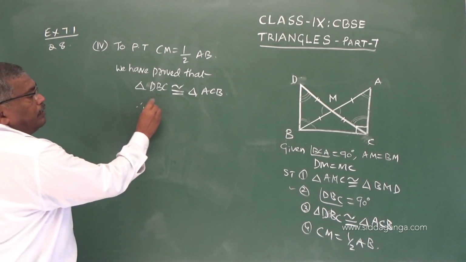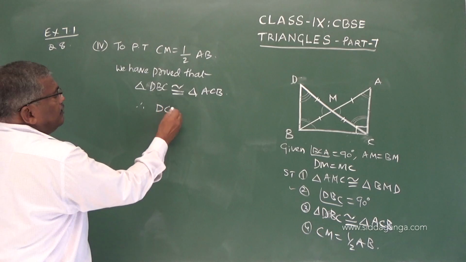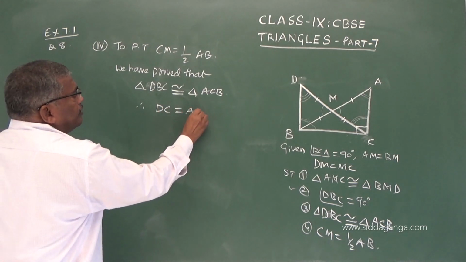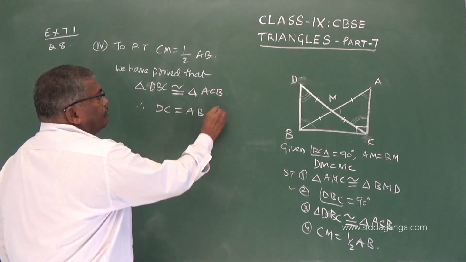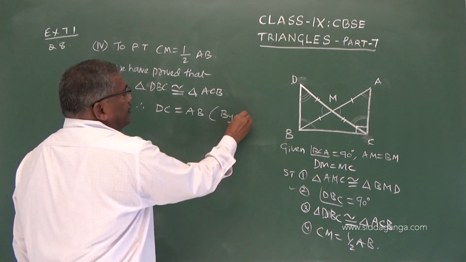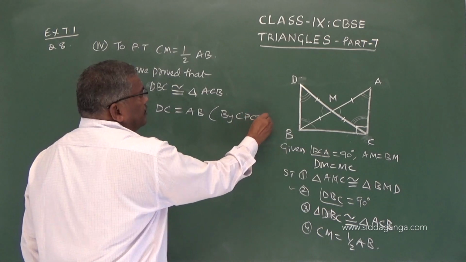So therefore, DC will be equal to AB, by CPCT.